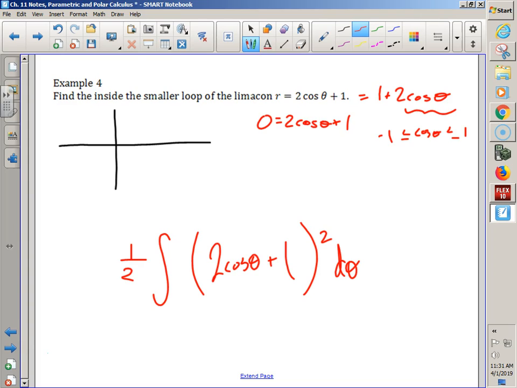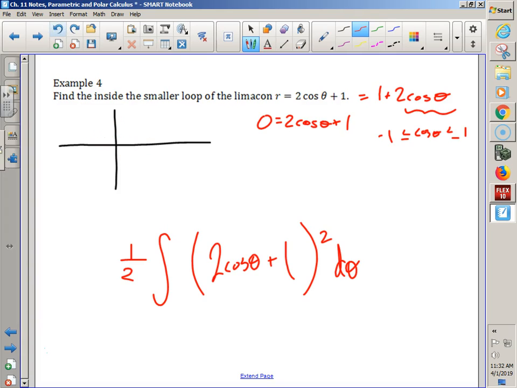Because it's going to have to hit the pole to start the inner loop and hit the pole to get out of the inner loop. However it's oriented, it's going to have to go through the pole twice to start and to end the inner loop.